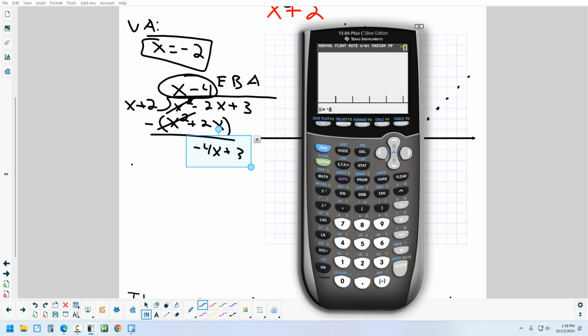What was the vertical asymptote? It was -2. Let's pick a number that's a little bit smaller. What's just to the left of -2? A number a little smaller than -2.